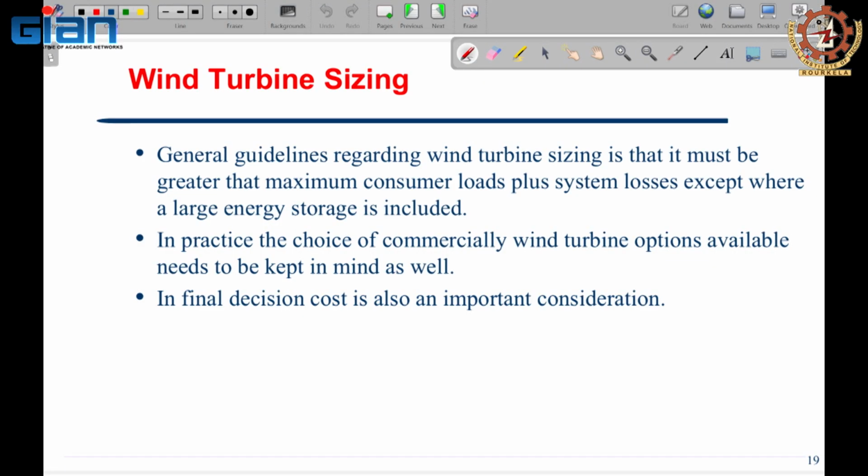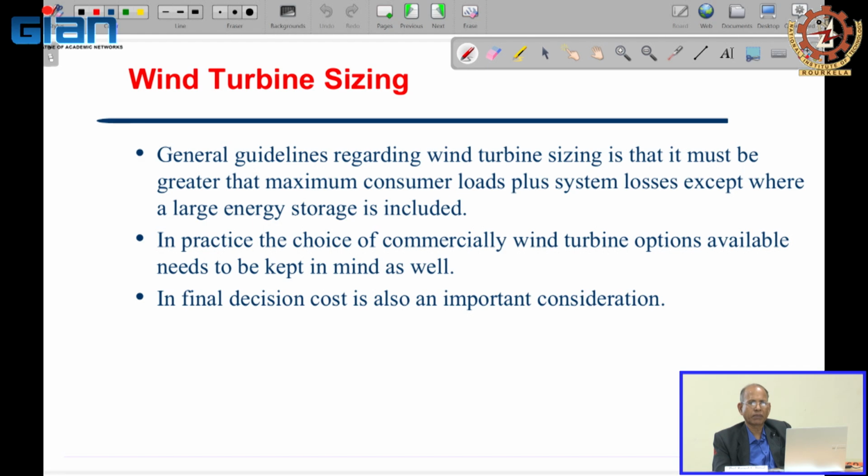And of course when you are selecting the wind turbine or any equipment, one is what is based on the design. Then of course you have to see what sizes are commercially available in the market. You have to select from those available.